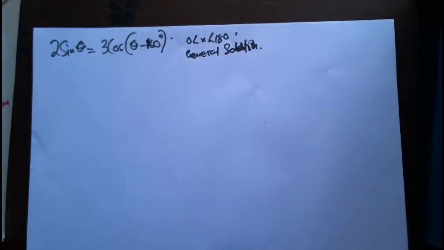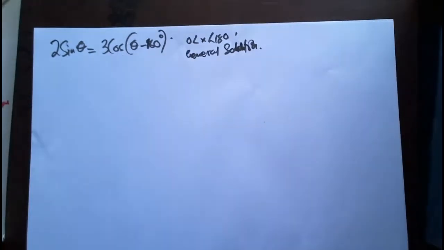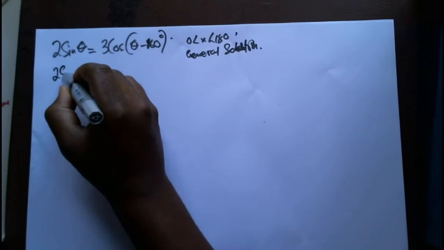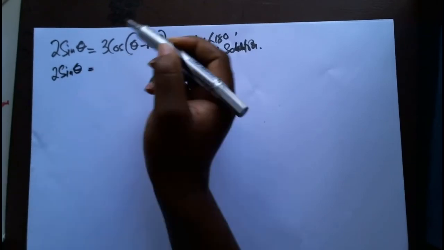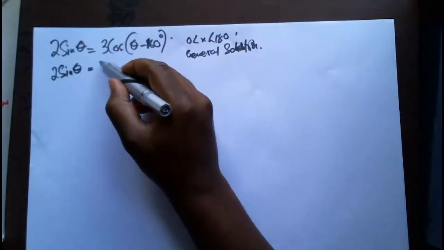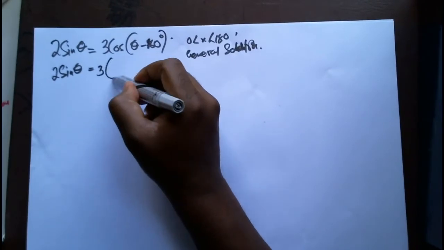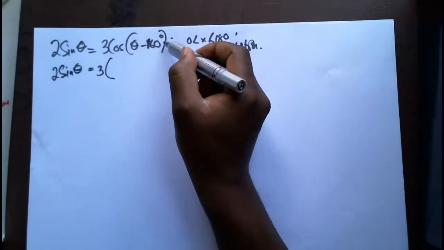With this one, 2 sine theta, but we have a double angle here. So we can write 2 sine theta is equal to, this 3 I can write outside, and I can expand this using my identity.